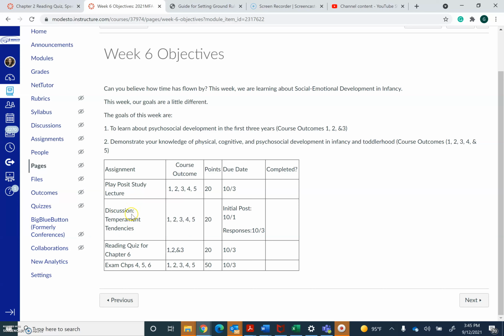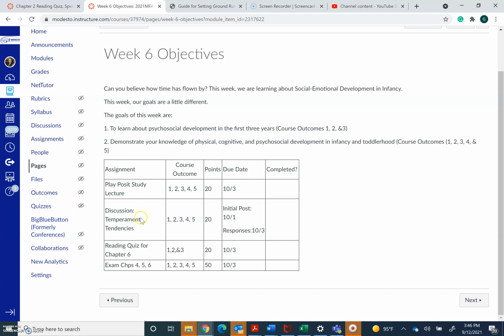You have a discussion this week looking at temperament tendencies, and then you have your reading quiz for chapter 6. Lastly, as you did for the first 3 weeks of this class, you're going to have a chapters 4, 5, and 6 exam that covers all of the chapters of infancy and toddlerhood.